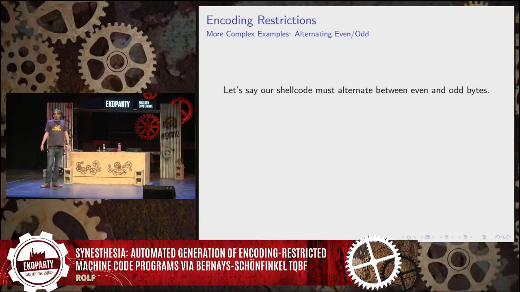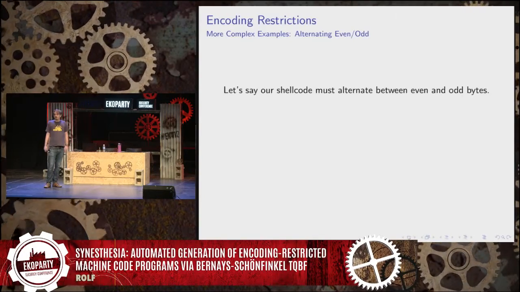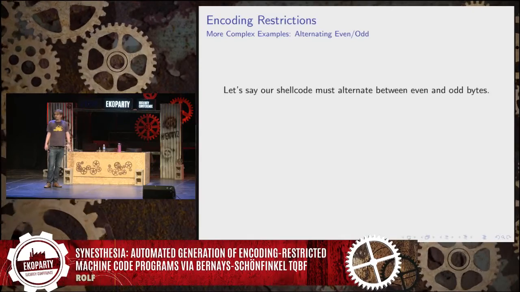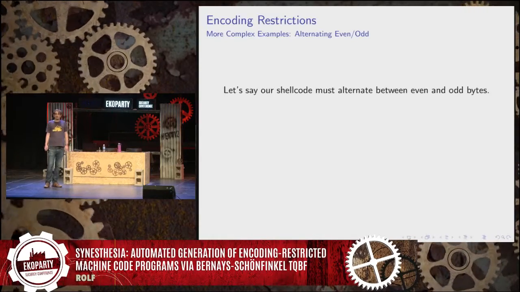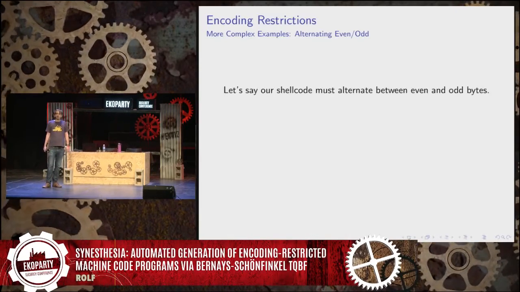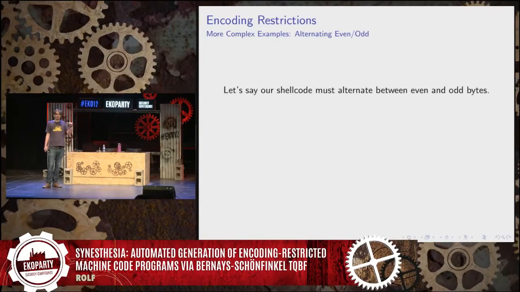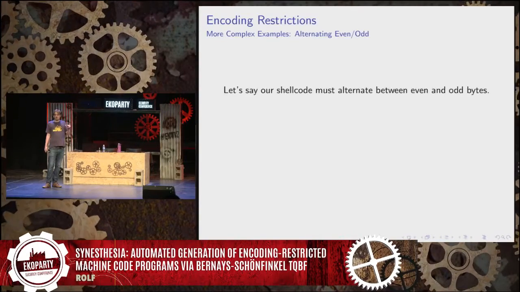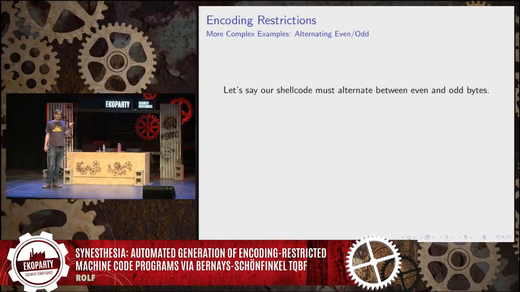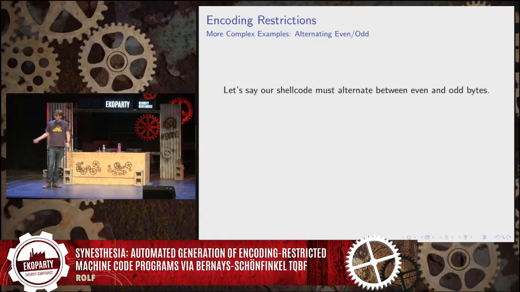Or here's a good one, a weird restriction that in theory you could encounter somewhere along the way. Well, let's say my shellcode must alternate between even and odd bytes. The first byte is odd, the second byte is even, the third byte is odd, fourth byte is even, or vice versa, where the first byte is even, second byte is odd, and so on.